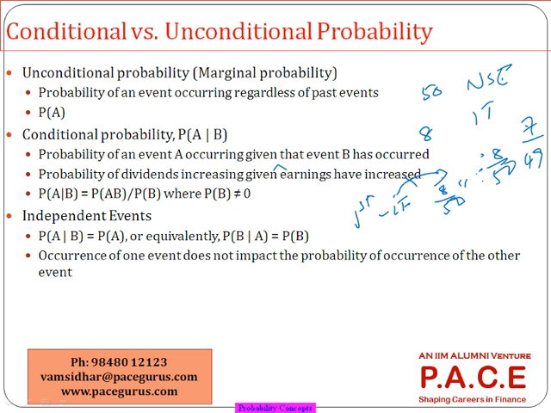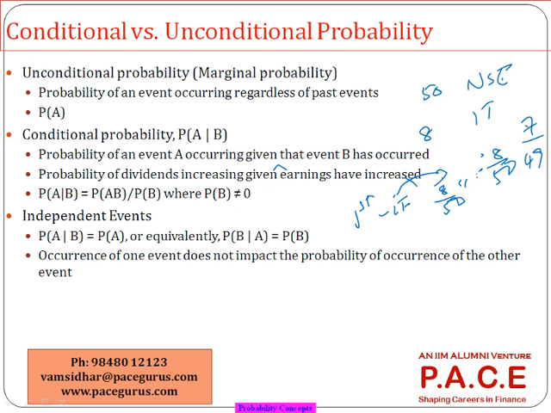If it is an IT stock, the probability is 7 by 49. If it is a non-IT stock, the next probability will be 8 by 49. Only one stock is picked, and I want to know the chance that the second one is an IT or a non-IT. So wherever we are talking about dependency on one more event, we are assigning the conditional probability to it.